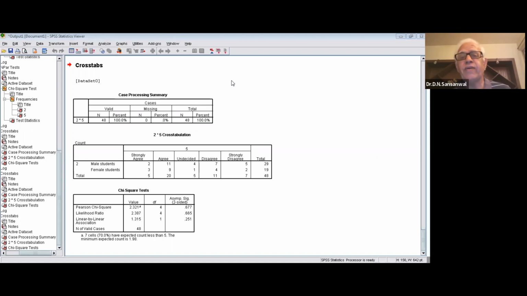So let us now take another problem. Okay, I'm taking another data, and let us see if the value is significant, then how do we proceed?